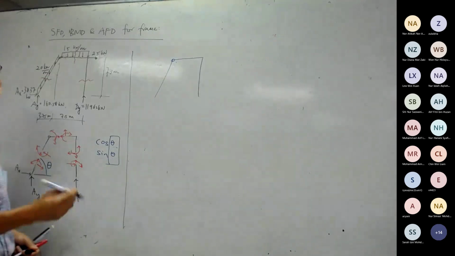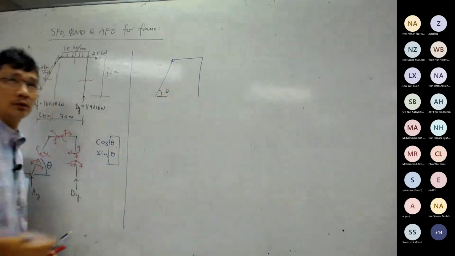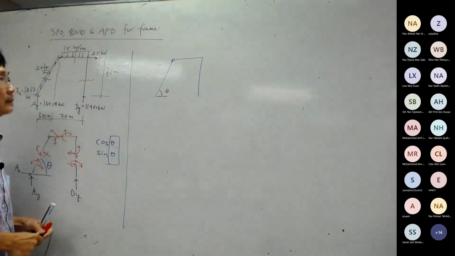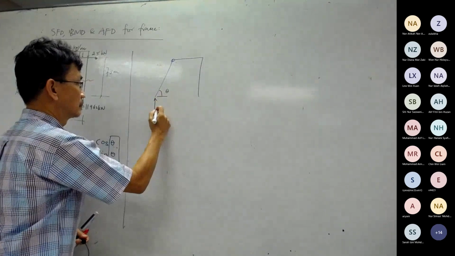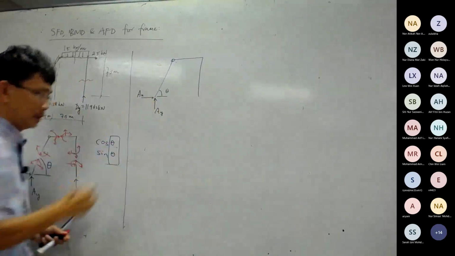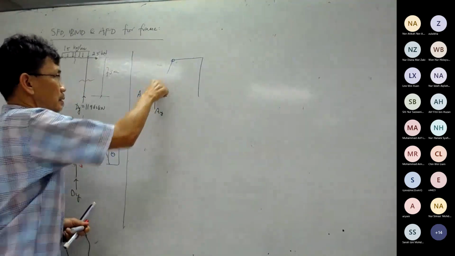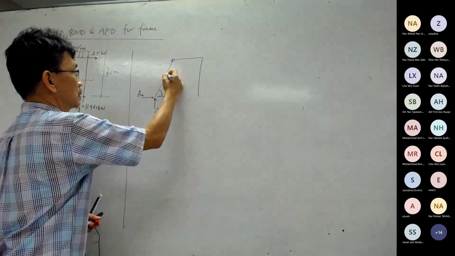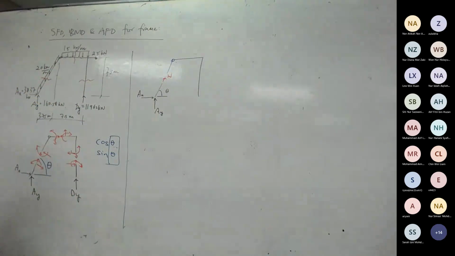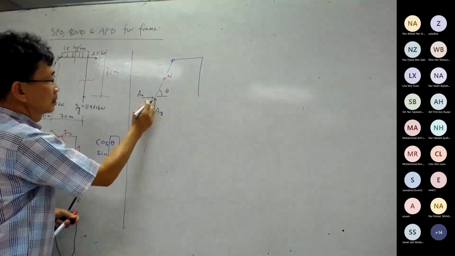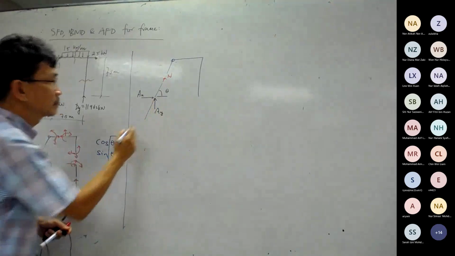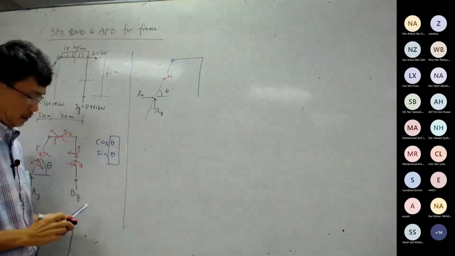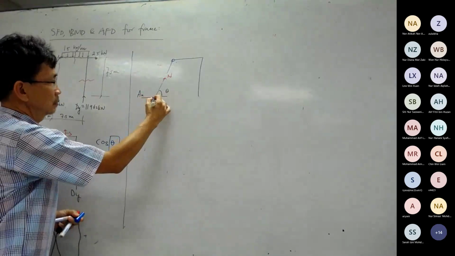So now this theta, if we use this as theta, then if we have this AX, then in order to get the component in these directions for the axial force, what you need is, for this, you need to get this component.